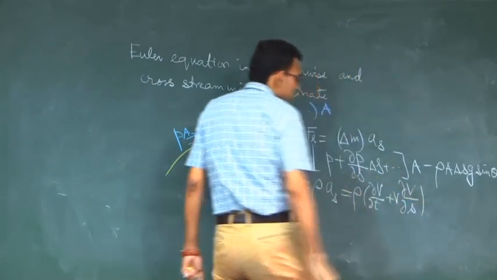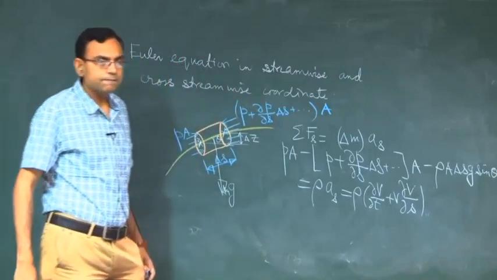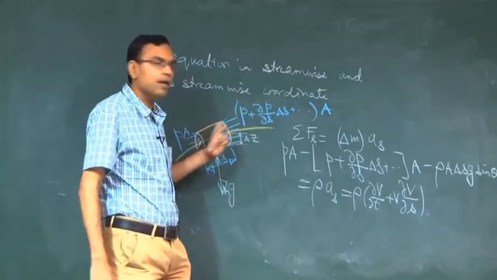As I told you, with respect to the streamline coordinate, it is a one dimensional type of flow.